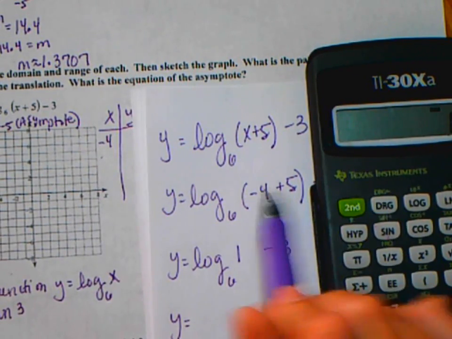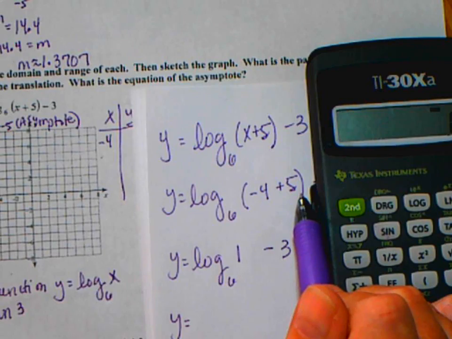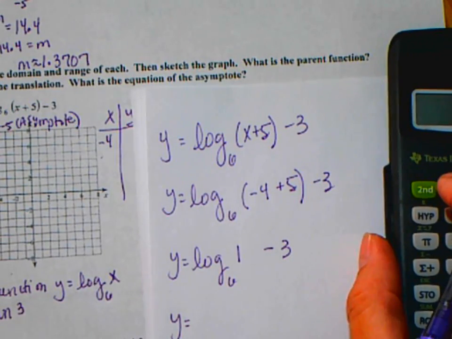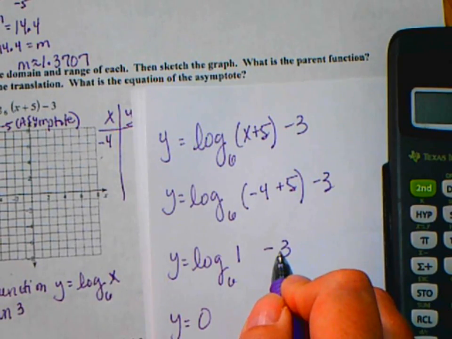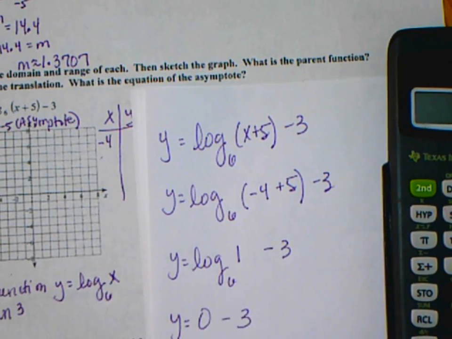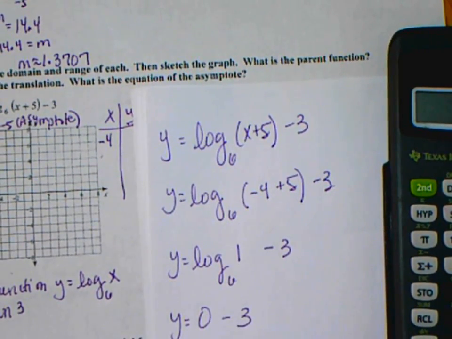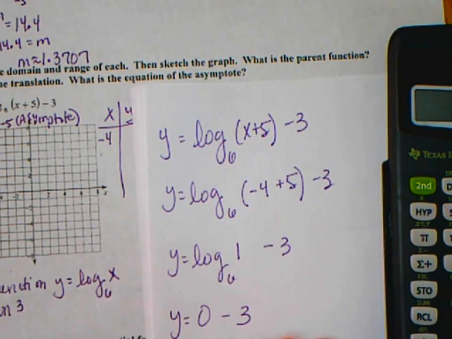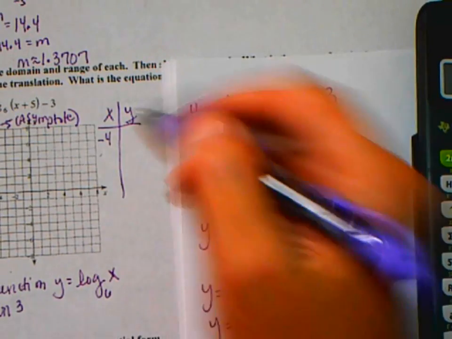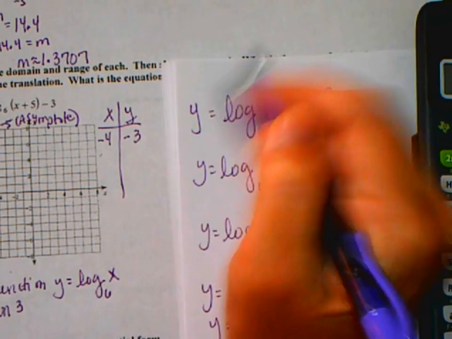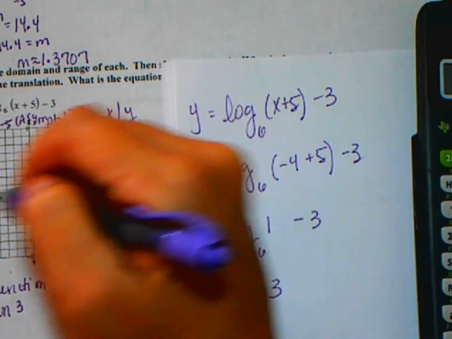Let me go back. -4 plus 5 is 1. Oh, yeah, duh. I'm sorry. 0, and then I have the -3. I haven't done that part yet. So 0 minus 3 is -3. When x is -4, y is -3. I'm going to go ahead and plot that.